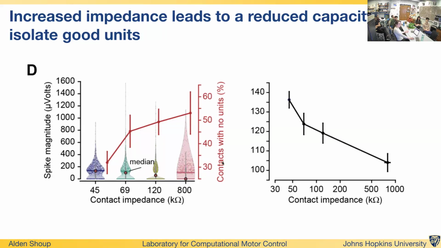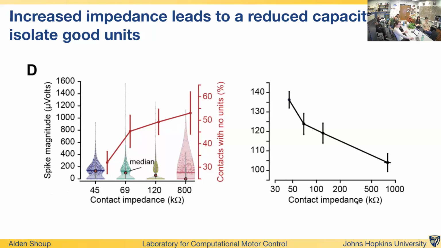In addition to that, we quantified the number of contacts with no units, and this, as you can see, went up significantly. And this is a significant slope as compared to if you were to shuffle all of these regardless of contact impedance and plot that, you have a significant difference.